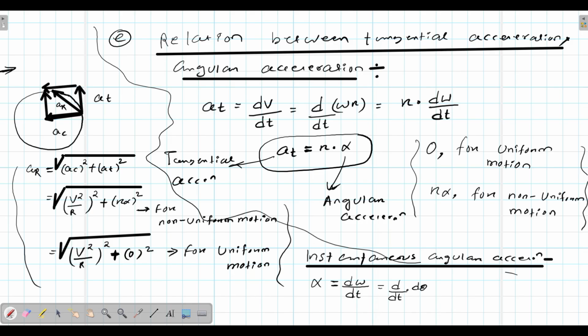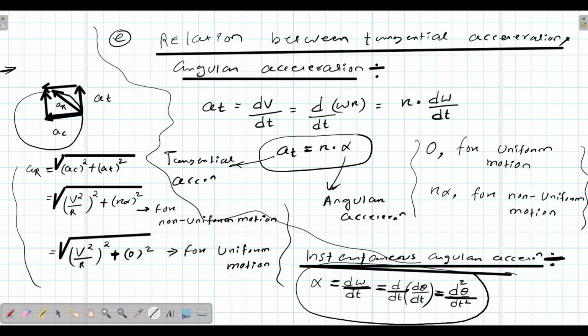So this is d square theta divided by dt square. Alpha equals to d omega by dt equals to d by dt into d theta by dt equals to d square theta by dt square.